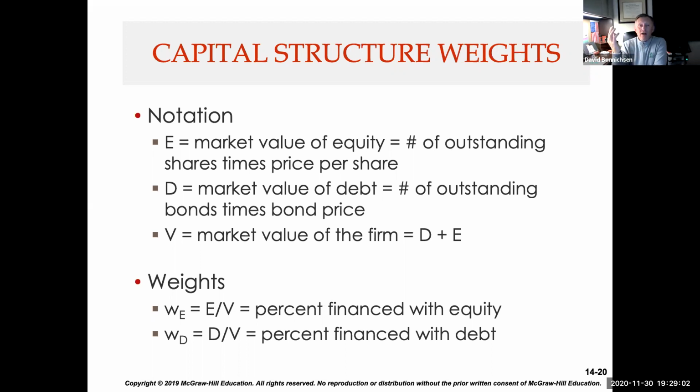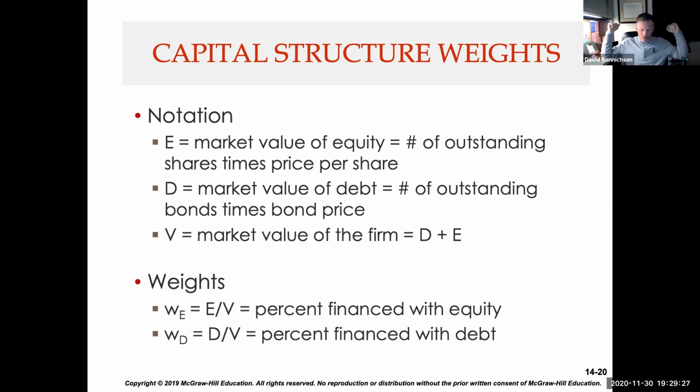D is the value of our debt. How many outstanding bonds do we have, and what's the current price of those bonds? Not necessarily what we paid for them, though it could be in some ways, but I think you understand what I'm saying. It's the market value.